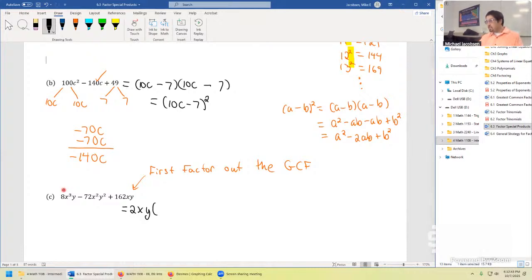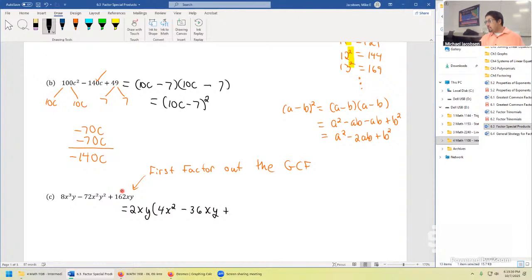And this is going to leave us a 4x squared on the very first term. Divide out the 2 on the 72 and we'll get a minus 36. The power of the x and the power of y reduced by 1 because the x and y are dividing into it. So it's just a negative 36xy. And here, when we factor out xy, this xy vanishes, and we're just dividing this part by 2.